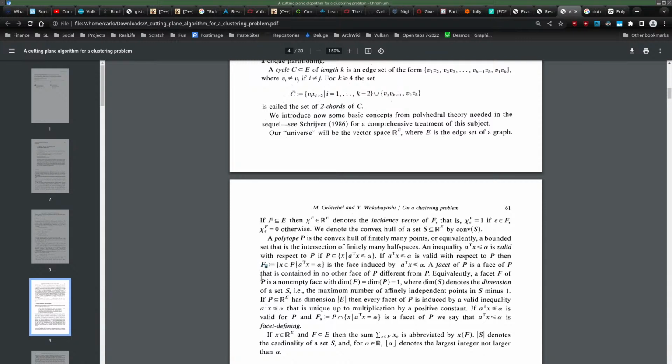The a index here defines the cut. And then F is the face, the face of the cheese that you just cut off. But the way they formulate it is, I think, incorrect. So they start from the other side. But okay, I think that's what they try to do.